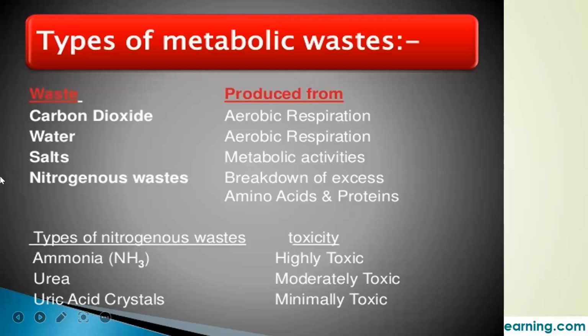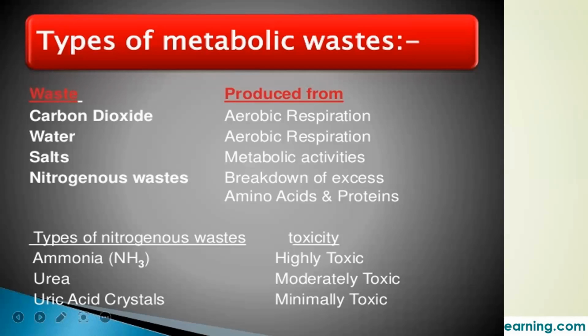Okay, so we have types of metabolic waste. What are the types of metabolic waste? The wastes here are carbon dioxide, water, salts, and nitrogenous waste. Waste like carbon dioxide is produced from aerobic respiration. What do you mean by aerobic respiration?